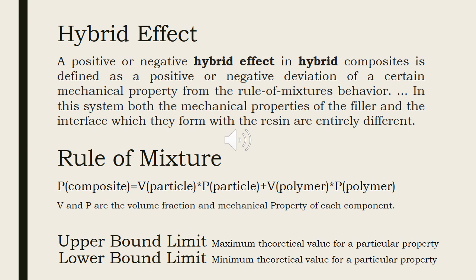It provides a theoretical upper and lower bound on properties such as elastic modulus, mass density, ultimate tensile strength, thermal conductivity and electrical conductivity. An upper bound limit is the maximum theoretical value for a particular property, whereas the lower bound limit is the minimum theoretical value for a particular property.